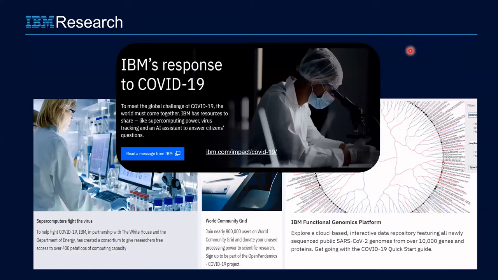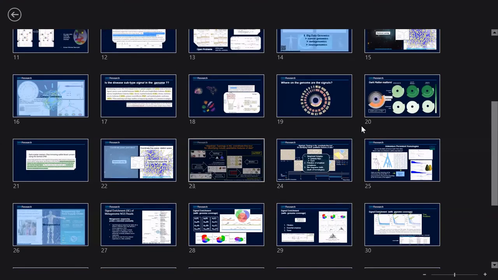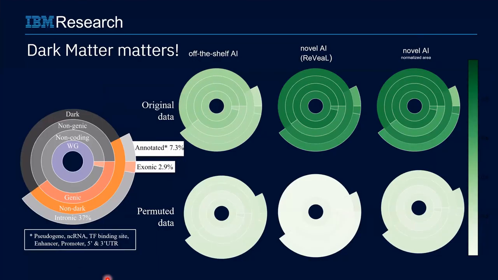This is something we can take offline and discuss, because there are a lot of details on what was included in the annotated region. The annotated region here is pseudogenes, non-coding RNA, transcription factor binding sites, enhancers, promoters, and 5' and 3' UTR. This is more or less the complete list, but we can discuss if there were others included here.